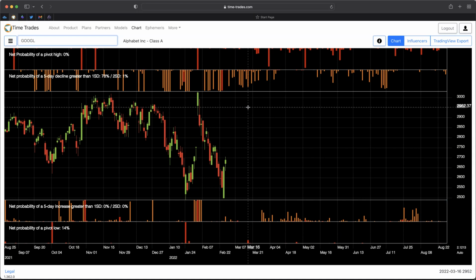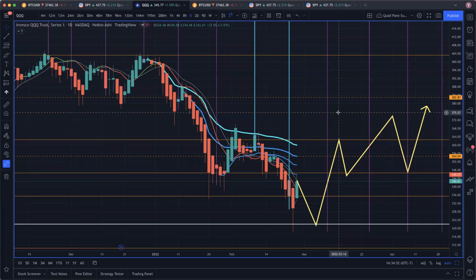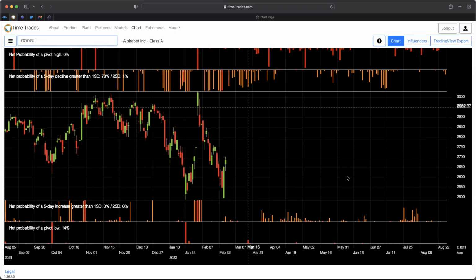And March 16th, again, is one of those pivot dates in my QQQ forecast. So if we go over here and take a look, March 16th is one of those pivot lows. So this is one of the reasons why you'll see March 16th turn up as a pivot low in a lot of other stocks as well.